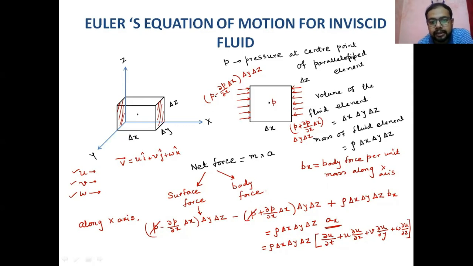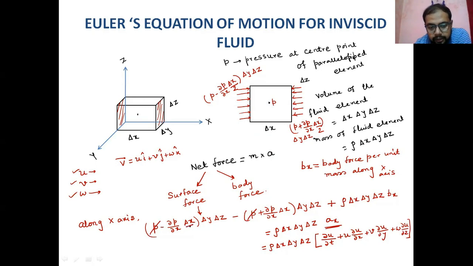And here one thing I forgot to write, because it's the center point. If I wrongly write it, it should be minus del x by 2. Here it should also be del x by 2. Because the total length is del x, so half of the length, because it is at the center, should be del x by 2. Here also del x by 2. This mistake I have done here.